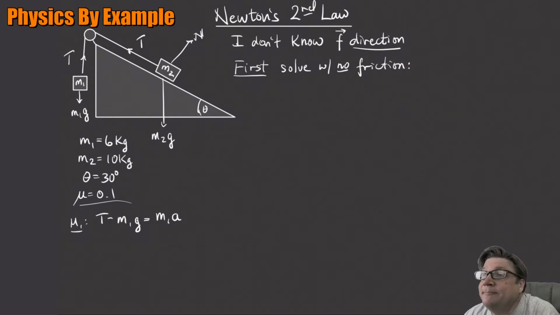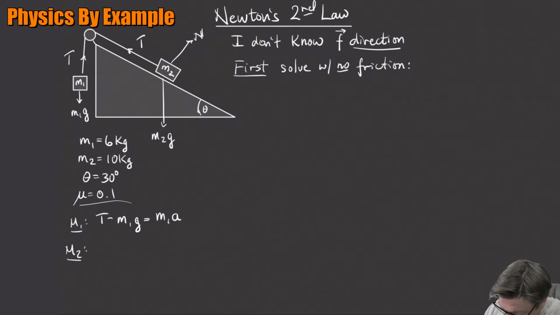Okay, so with no friction, I've got these forces that are labeled. I've already written M1. How about M2? For M2, I'm going to have an X and a Y. We're going to have our twisted coordinate system.